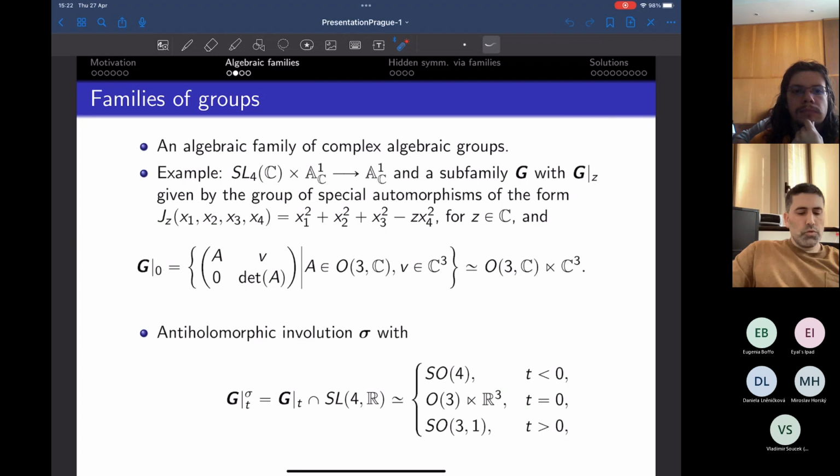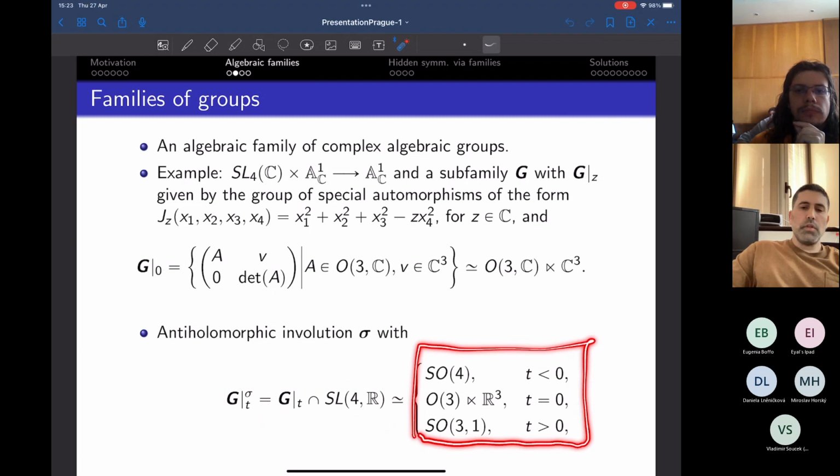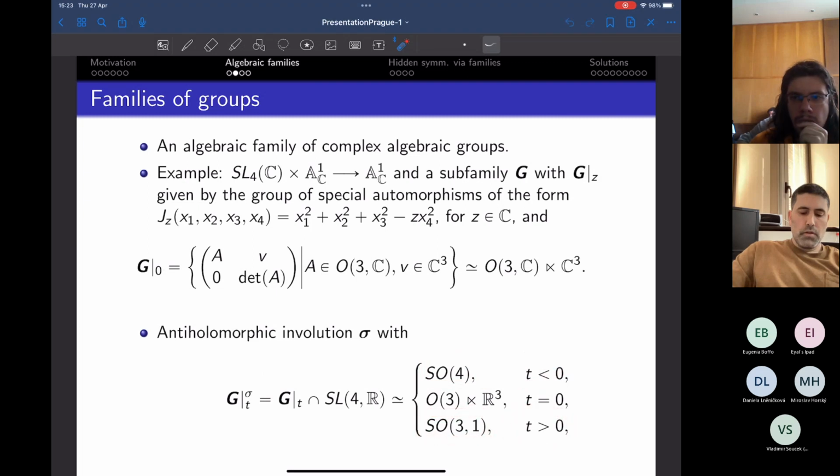If you look at a base point which is real, and you look at those real matrices in the fiber, you will get the real Lie groups that you would expect from the previous example that I showed you at the Lie algebra level. You will get SO4 for negative T, you will get SO31 for positive T, and for T equals 0, you get this Euclidean group.